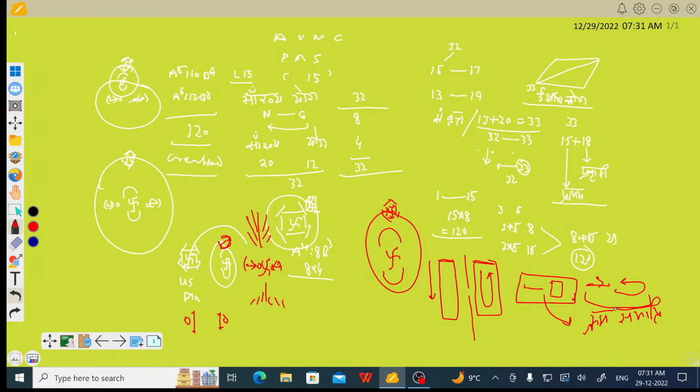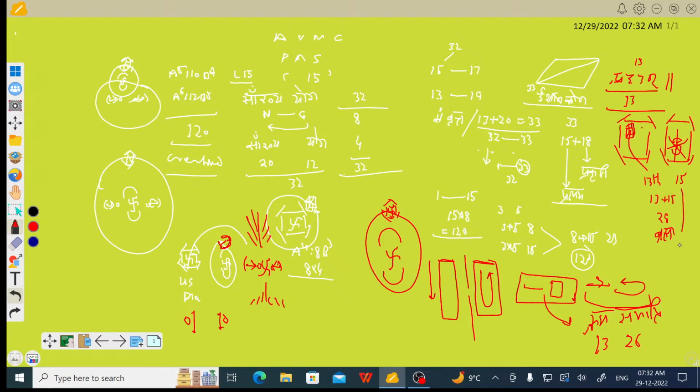So value 15 is here. 13 plus 15 is 28, and it is Brahm. And 15 is Vavrat. 13 is Sanvarat.